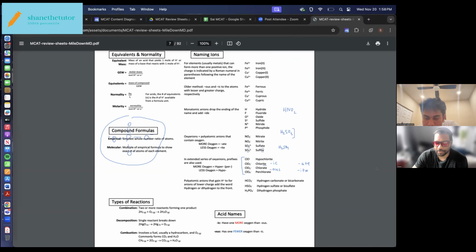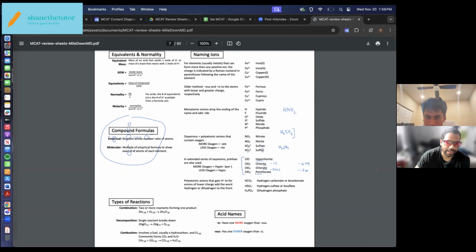In the middle, it'll be ite and ate, as you would expect. But if it's fewer oxygens than the ite, it'll have the prefix hypo, which in general means less. And then here is going to be per, which really comes from hyper, meaning more.